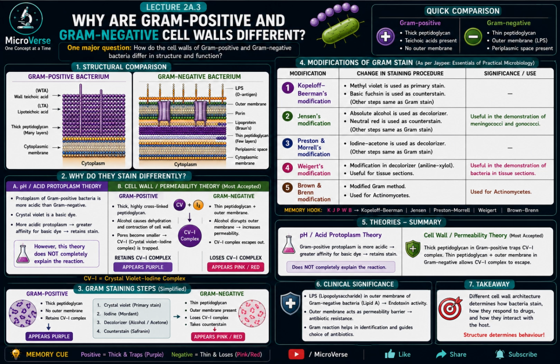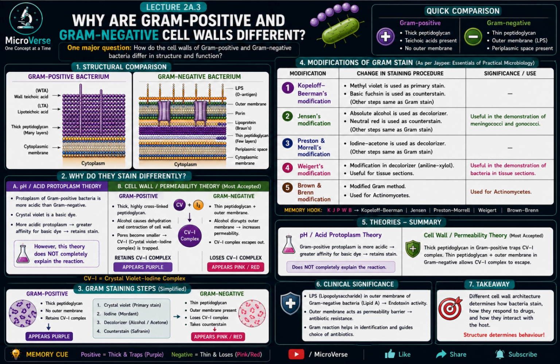To explain this, several theories have been proposed. For our understanding, we will focus on two important explanations. First one, pH theory, and second one is cell wall theory. The first explanation is the pH theory, also called the acid protoplasm theory. According to this theory, the protoplasm of a gram-positive bacteria is considered to be more acidic than that of a gram-negative bacteria.